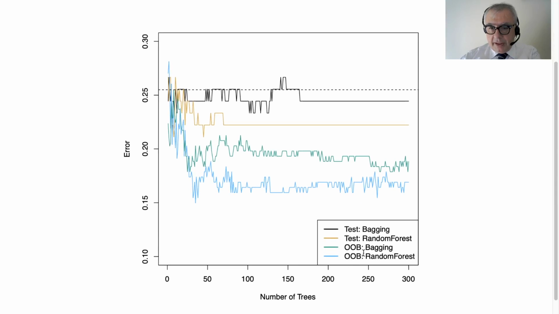So it is the assessment by out-of-bag samples, out-of-bag observations. It is the assessment of the performance, and you can see that it is optimistic because the actual performance in test was the black one, that was quite close to the simple decision tree.